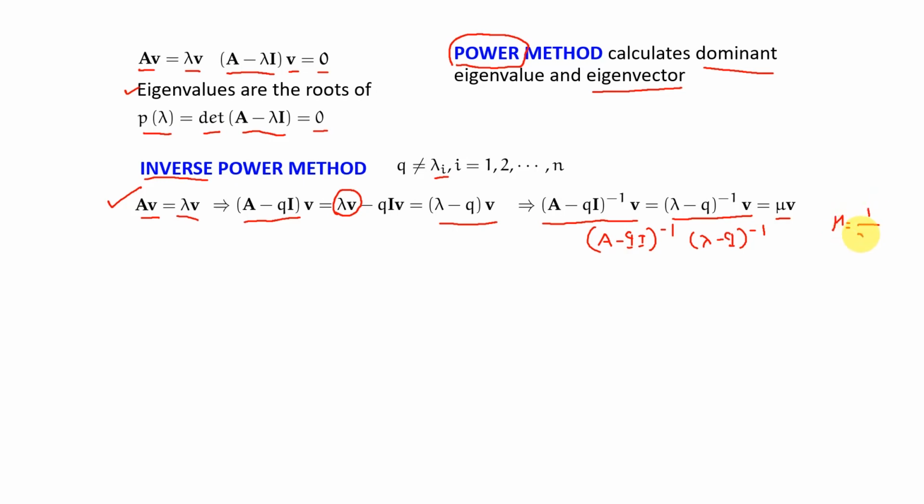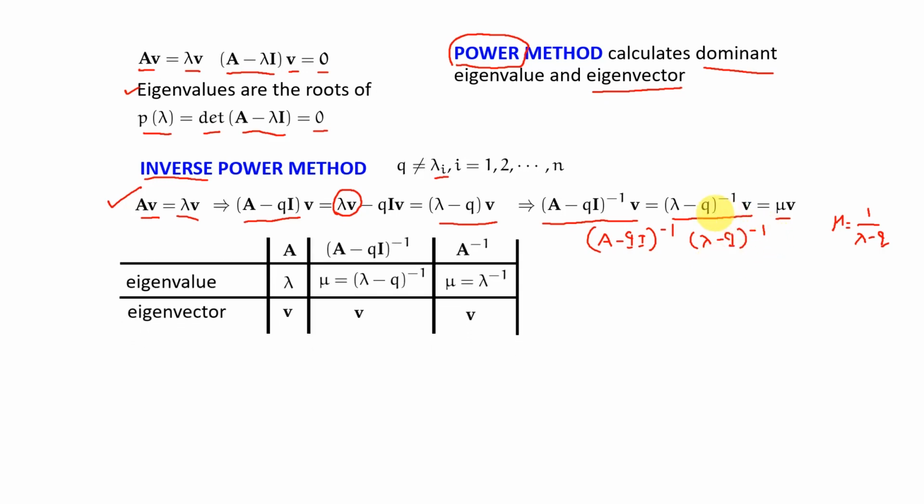So mu equals 1 by (lambda minus Q). So you can see that we have set up an eigenvalue problem for (A minus QI) inverse. If for matrix A the eigenvalue is lambda and the corresponding eigenvector is V, then for (A minus QI) inverse the eigenvalue is mu, which is (lambda minus Q) to the power minus 1. The eigenvector is the same V.